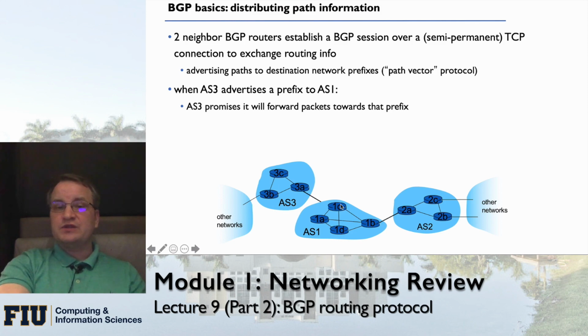Then the same prefix, if AS1 is the provider for AS2, will be announced to AS2 in the form of AS3, AS1. If AS2 is again a provider to other networks, it will announce the same prefix as AS3, AS1, AS2. So now the path is increasing.